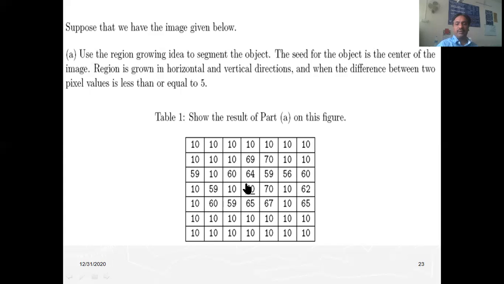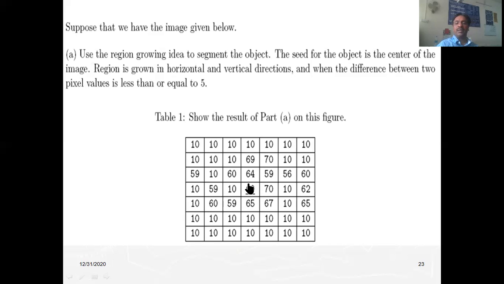You have to use this center of the image as the seed pixel, and the region is grown in horizontal and vertical directions, and when the difference between the two pixel values is less than or equal to 5. These are the intensities of the pixels of an image.